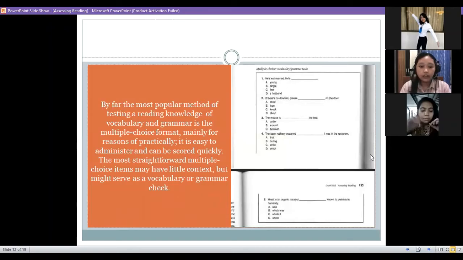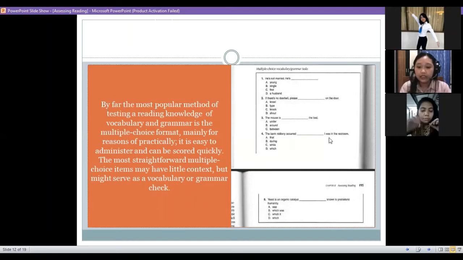The most straightforward multiple choice item may have little context, but might serve as a vocabulary or grammar check. The example is multiple choice vocabulary or grammar tasks. The first one is, he is not married, he is blah blah blah. If the correct answer is B, you can circle B.